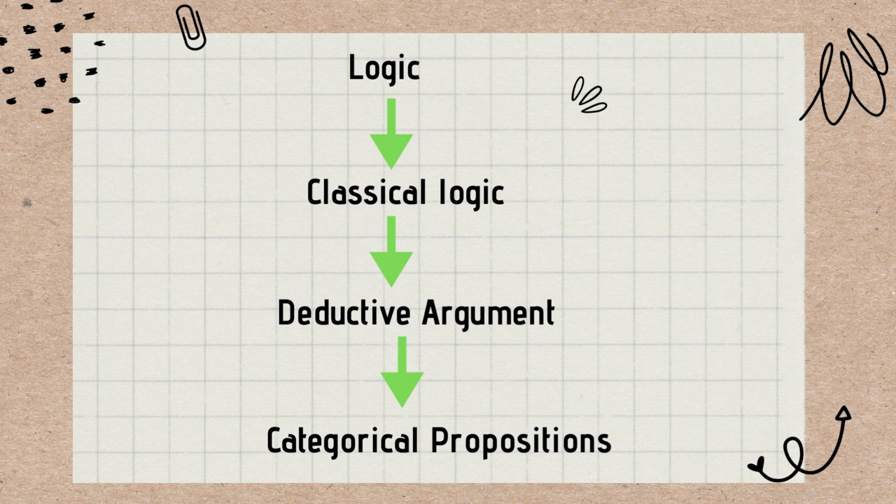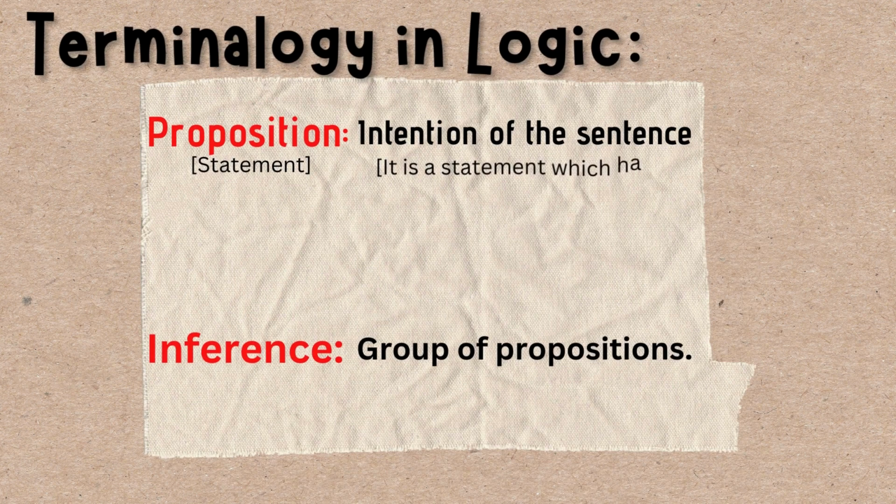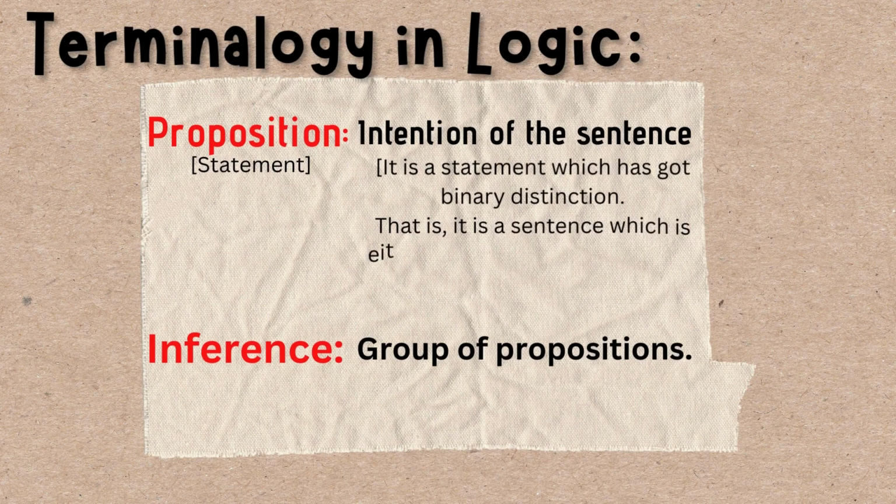In classical logic, we don't use inductive arguments, which means less probable or more probable, but we only use deductive arguments, which means valid or invalid. As we saw in our classical logic terminology, we have proposition, which means statement in normal words, and this group of propositions contributes to inference.